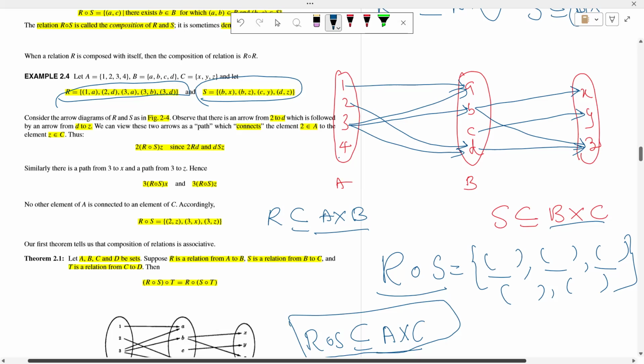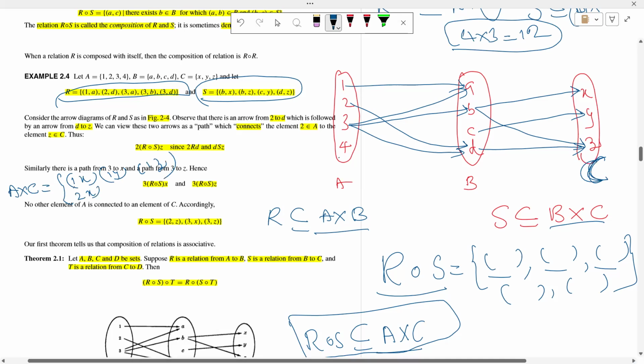So one way, you can write A cross C. A contains four elements, C contains three elements. So 4 into 3, 12 ordered pairs are coming for A cross C, right? If I write A cross C, what will happen? A contains 1x, 1y, 1z.